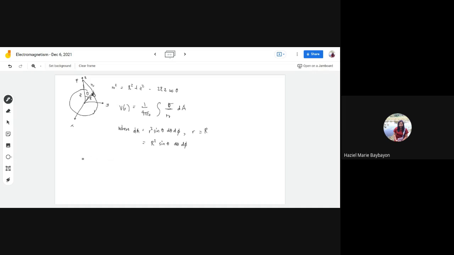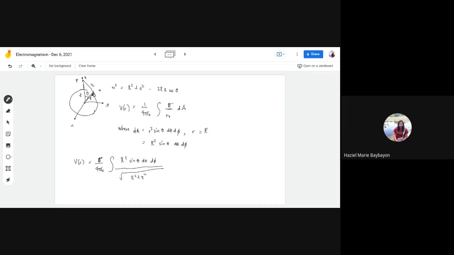Okay, so substituting, we have your V of r is equal to 1 over 4 pi epsilon naught. We can actually take sigma out of the integral since it is a constant. So we have sigma, and then inside we have your dA is R squared sine theta d theta d phi, and your r is equal to the square root of R squared plus z squared.